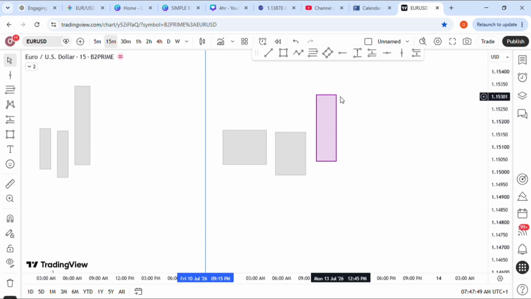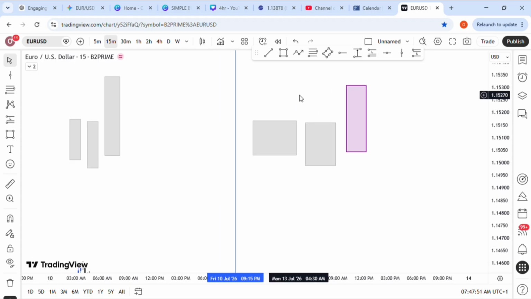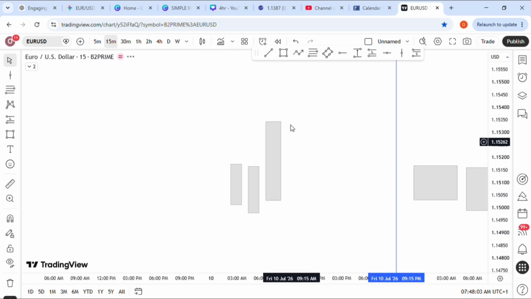If you can see this particular thing, you can also call this accumulation, manipulation, and distribution, AMD. I taught you guys about the power of 3. You understand? This is the power of 3 here. But our focus will be on this CRT formation scenario. That's where our focus will be.